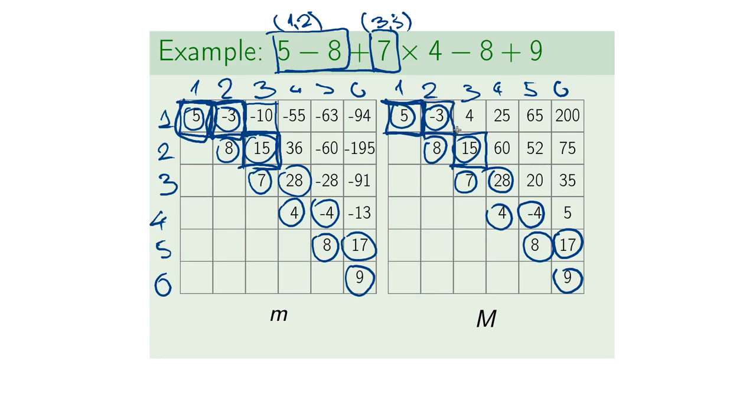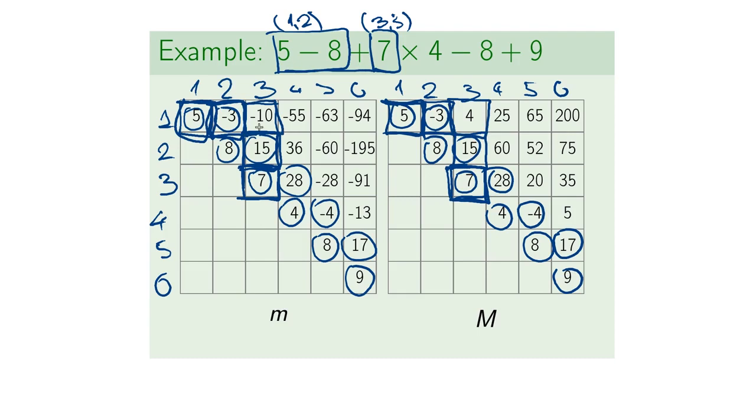For 3, 3 we know its maximum value is here, 7, and its minimum value is the same. Then we can compute minus 3 plus 7, which gives us just 4. So for the maximum value of the sub-expression 1, 3, we select 4. For the minimum value, we select minus 10.